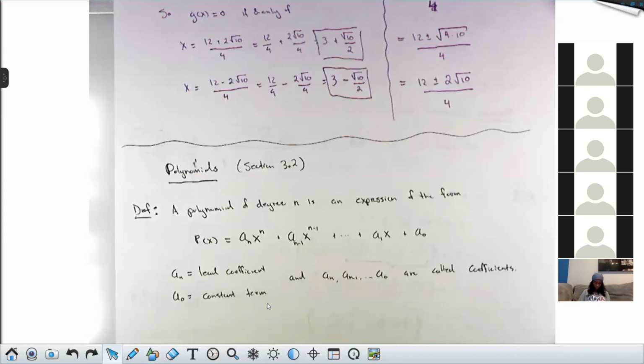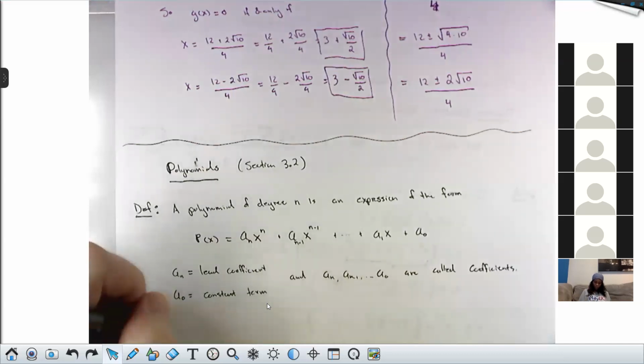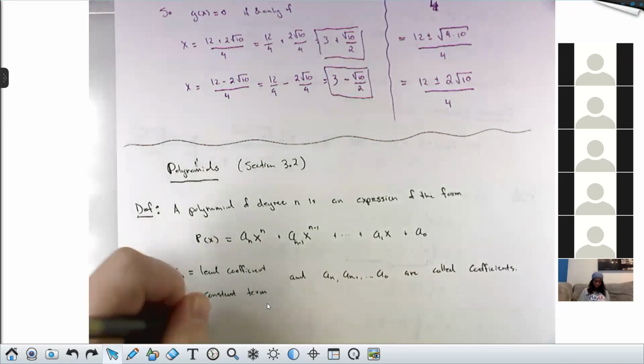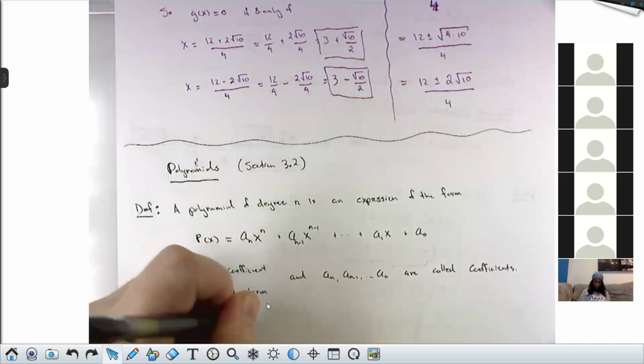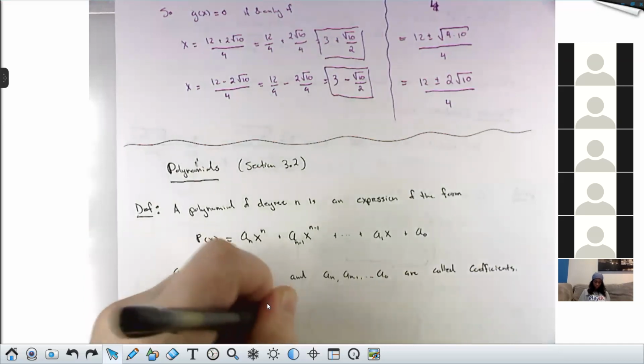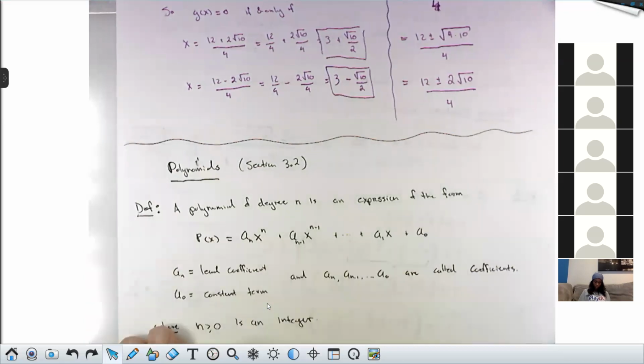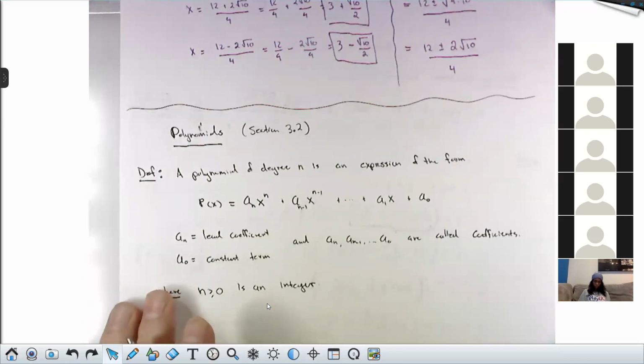Some things here. n is a non-negative integer. And that means that every power of x is a non-negative integer. If the largest one is a non-negative integer, and I'm only allowed to subtract integers from them, then all of those are non-negative integers as well.